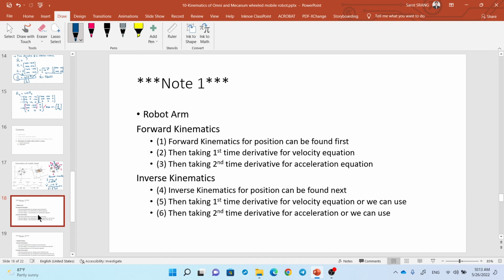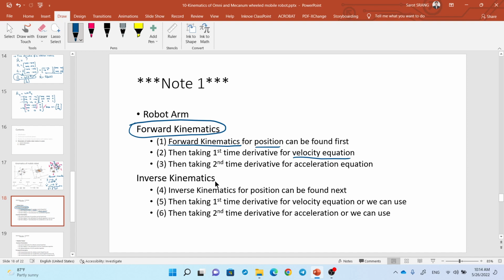So for a robot arm, you can start with forward kinematics, right? You use a geometric approach or algebraic approach to find forward kinematics for position first. This is the first thing you can do. Then you just take the time derivative to find the velocity equation. Okay. So forward kinematics first.